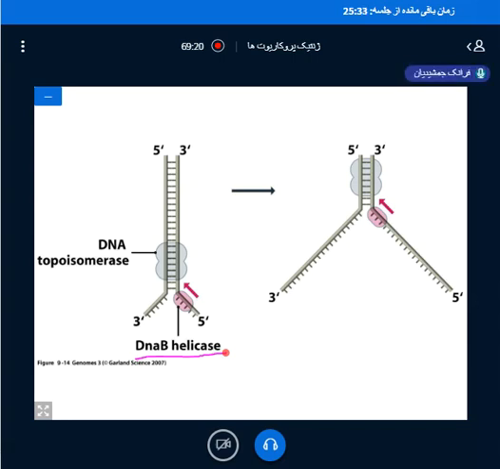Can you tell me, please? What is the function of helicase? Separate, yes, thank you. Separate two strands of DNA. So after that, the DNA helicase comes.